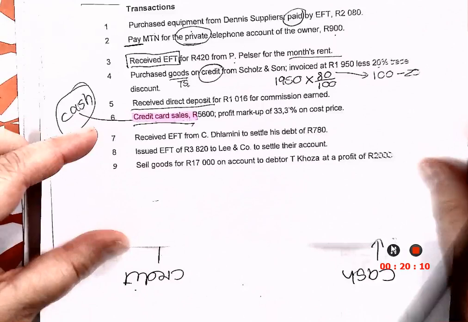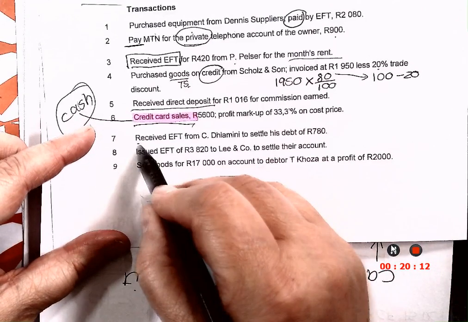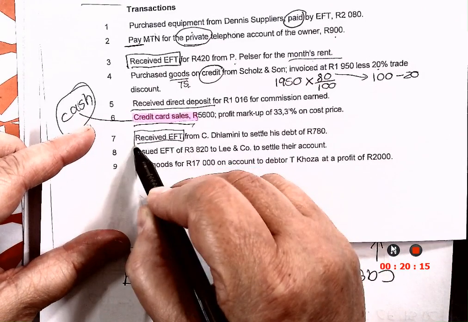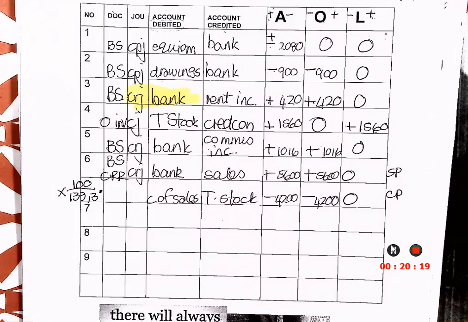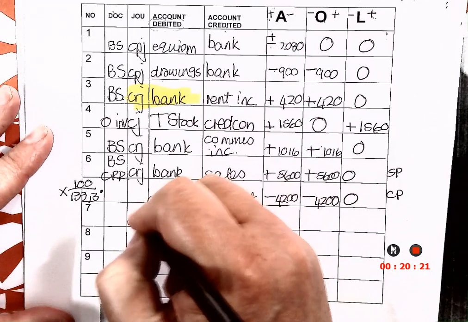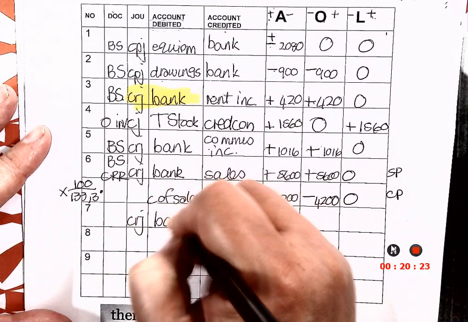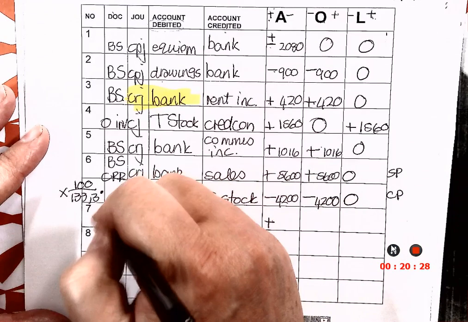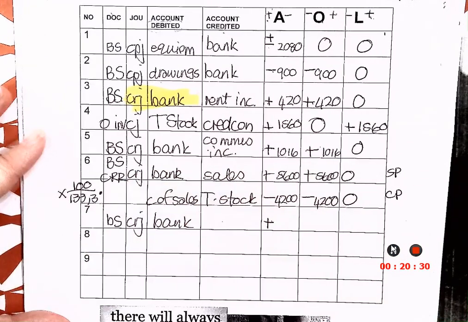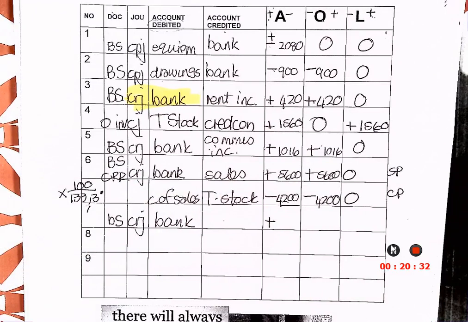Number 7. We received an EFT. What's an EFT again? Cash. So, it's money coming in. So, it's CRJ. Bank is debit. Assets plus. EFT is a bank statement. Why did I get money? Because Dlamini settles his debt.